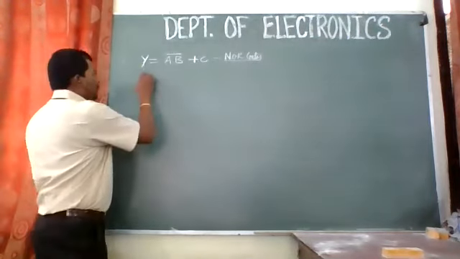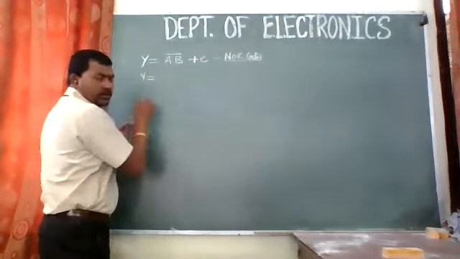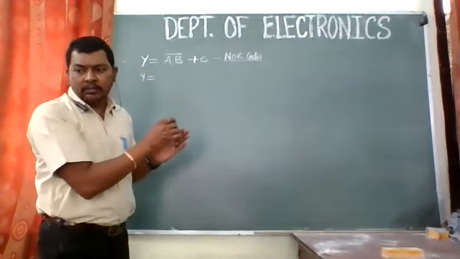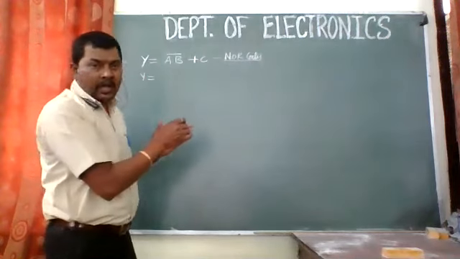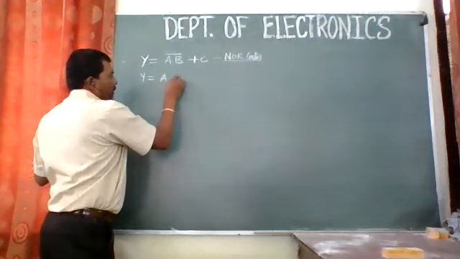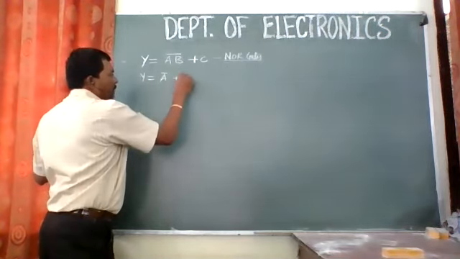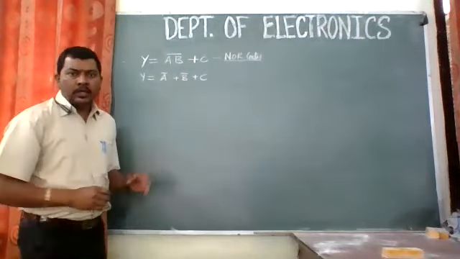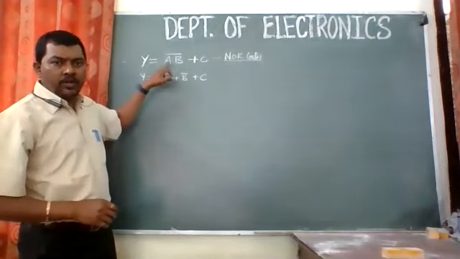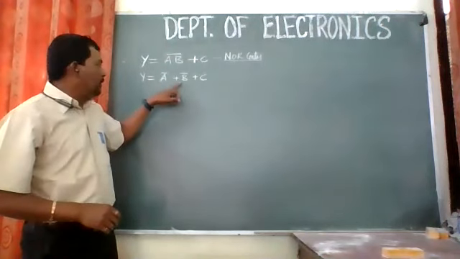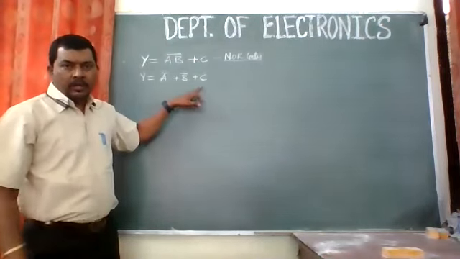For that, let us take the help of De Morgan's theorem. This equation can be written as a bar plus b bar plus c. Is it okay? So I can write a dot b whole bar as a bar plus b bar, plus c, right?